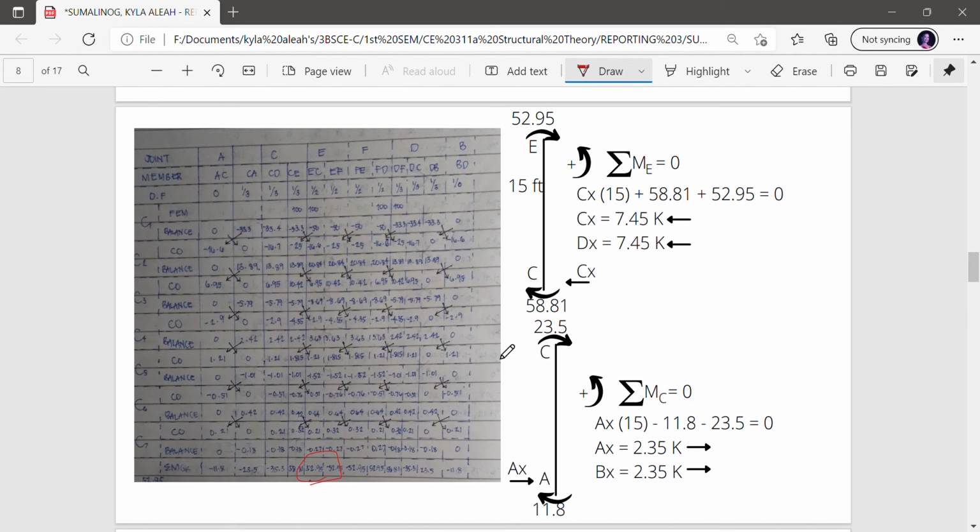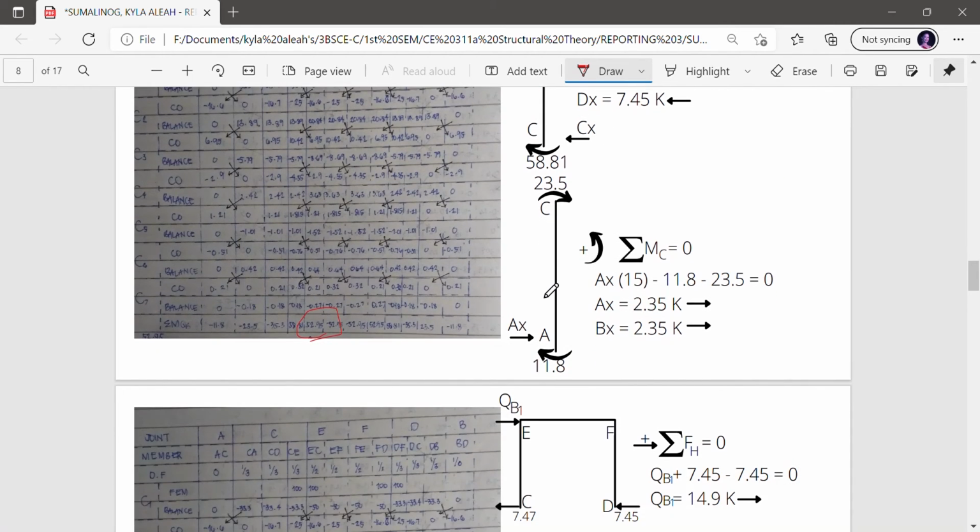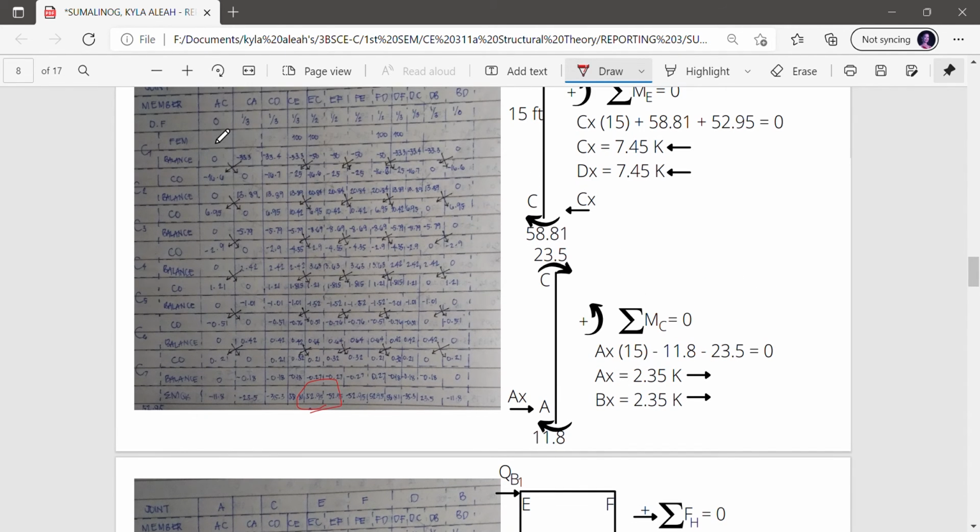So CX is 7.45K, and also DX is 7.45K. Those are negatives. Now finding the moment at C, so that we can get AX and BX. That will be AX times the moment arm length, which is 15, minus 11.8, which we got from the table CA here, and the 23.5, so AX will be 2.35K. Going to the right, that will be positive.